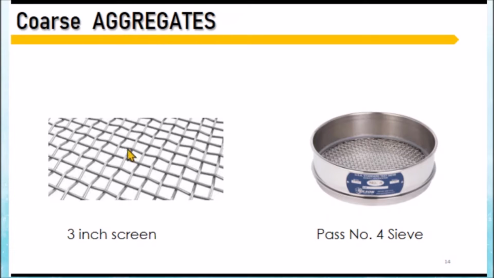Lahat na maretain mula sa Sieve number 4 pataas, that is coarse aggregate. Kapag yung nag-pass sa Sieve number 4 pababa, papunta sa pan, that is fine aggregate. Kaya Sieve number 4 is the dividing line between the coarse aggregate and fine aggregate.